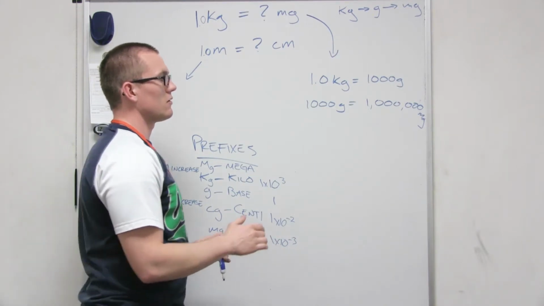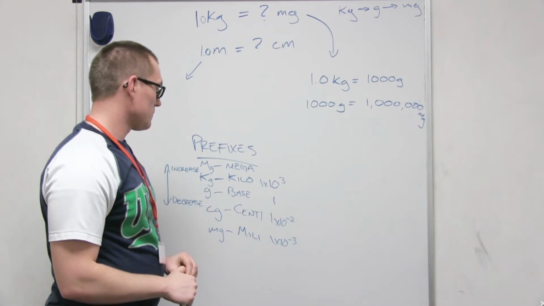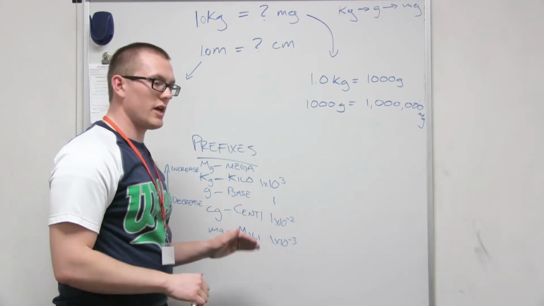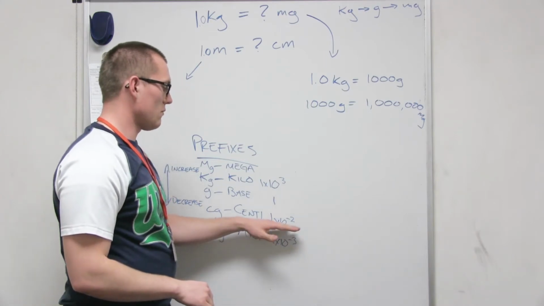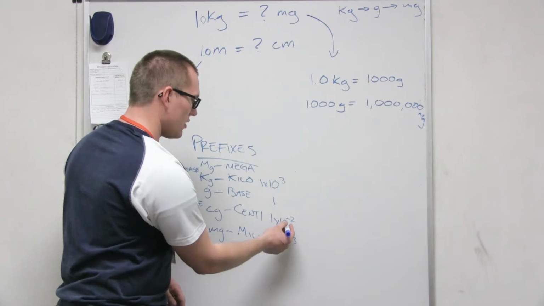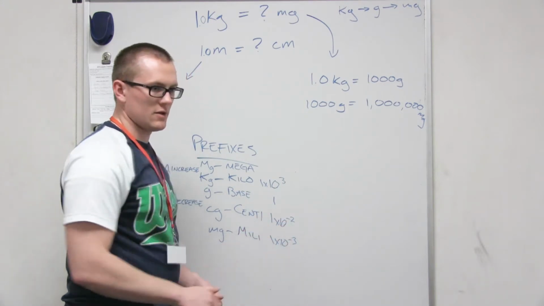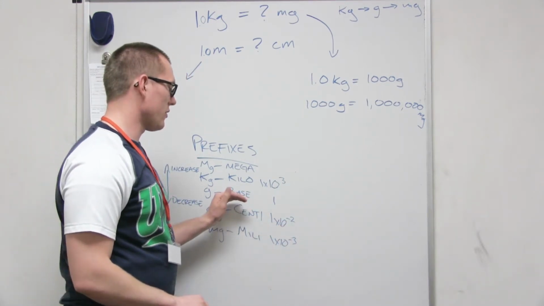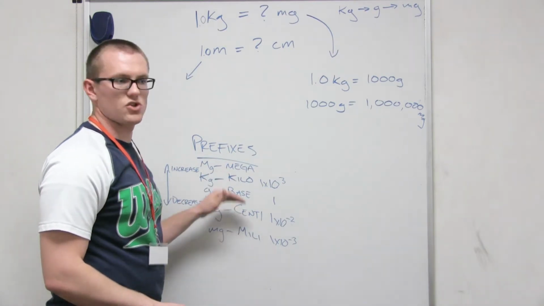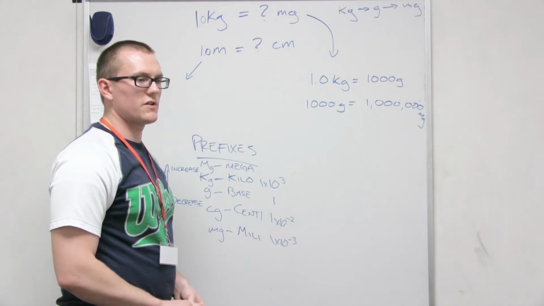But why wouldn't I go to grams, centigrams, and then milligrams? You could do that, but if you already know the conversion factor, then you can go straight from the base to the milli, because there are a lot more prefixes than just these.